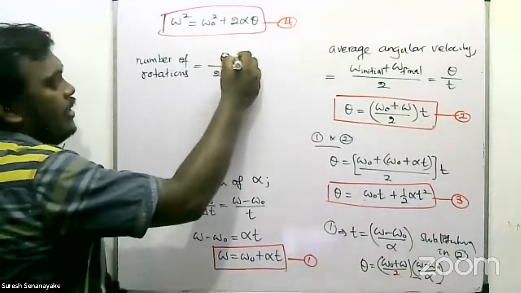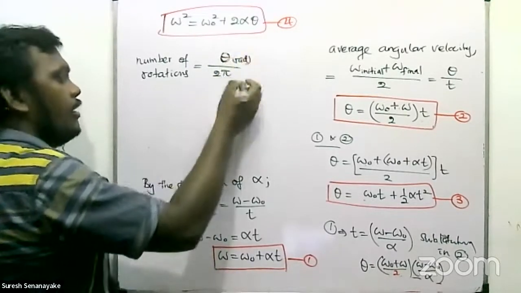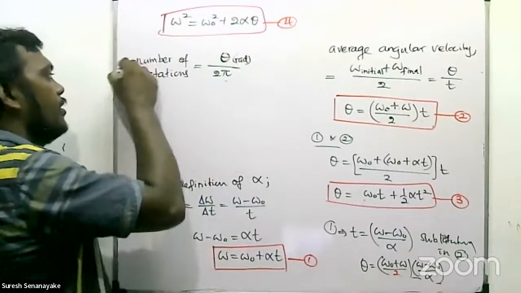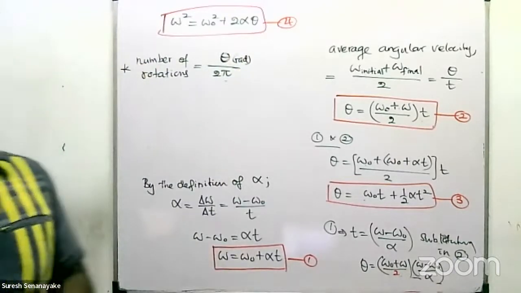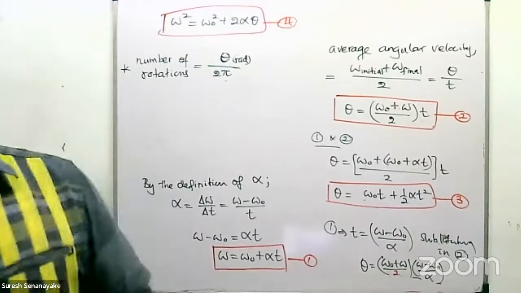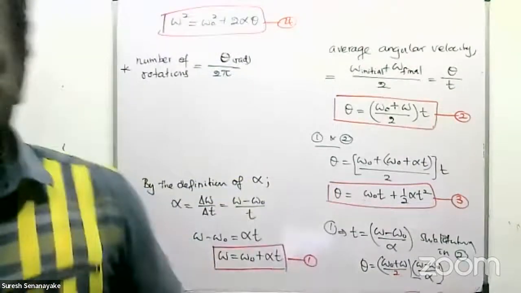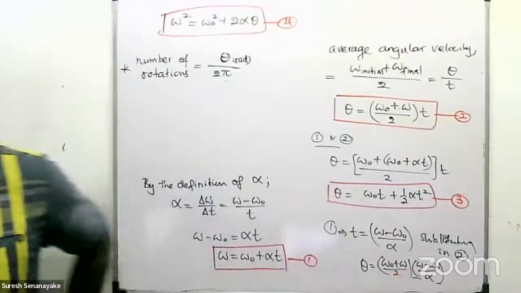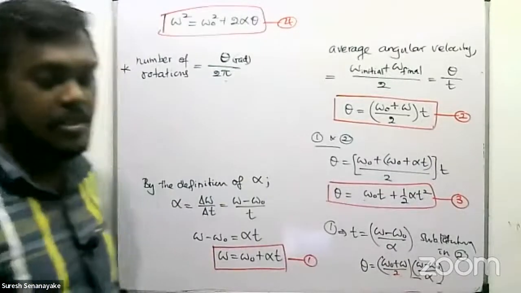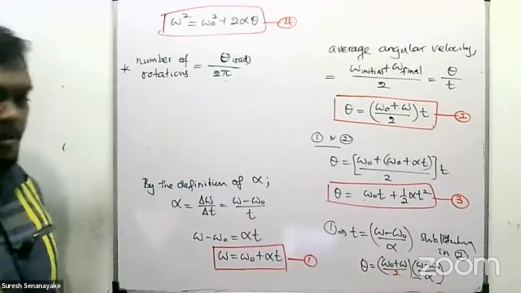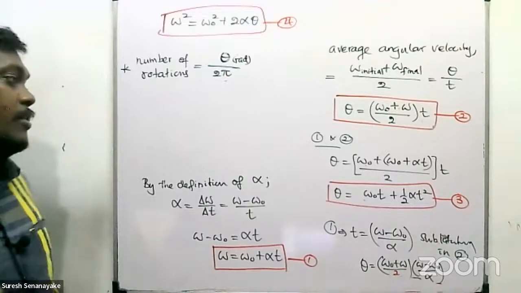The theta in radians you write and then divide by 2 pi, and you can calculate the number of rotations. Like in some cases, you can be asked if a rotating wheel is rotating with some angular velocity, after some time, how many rotations does it make before it stops. You can write it.